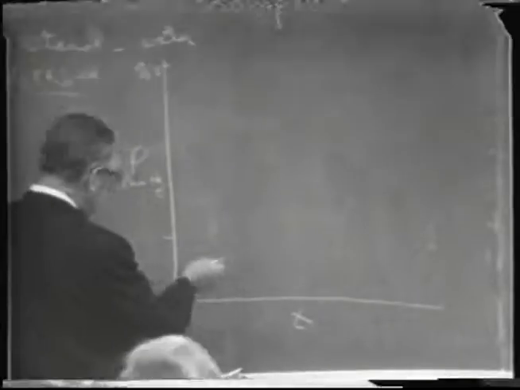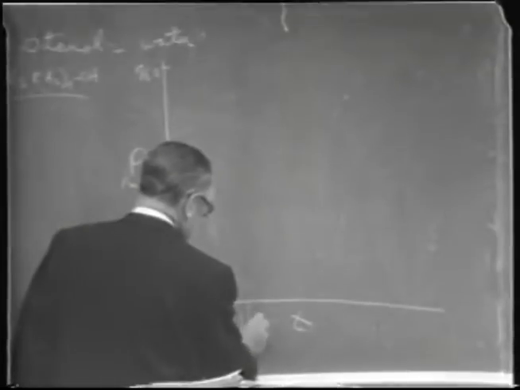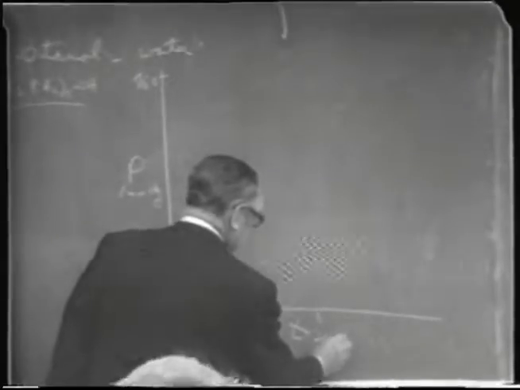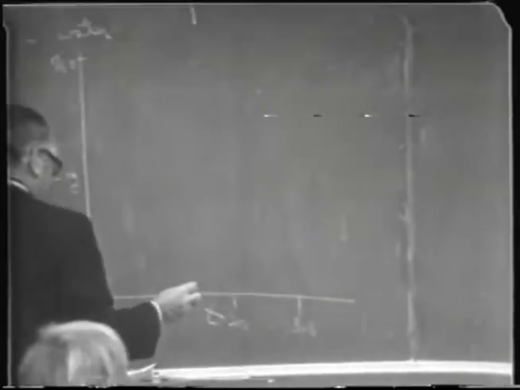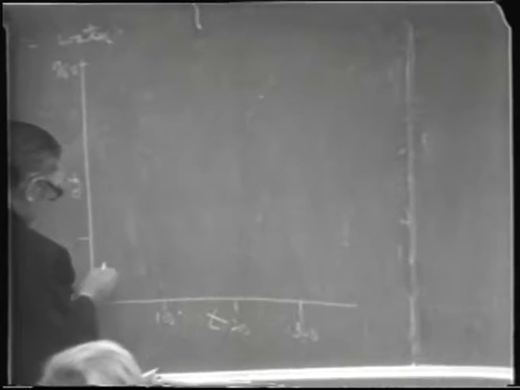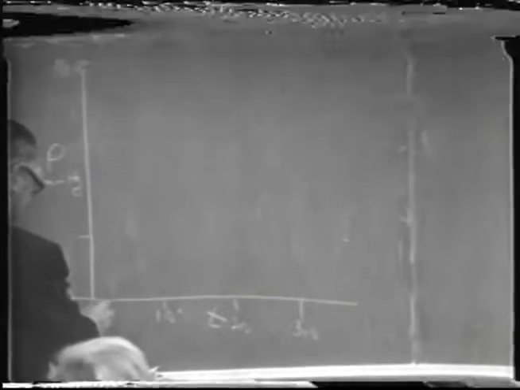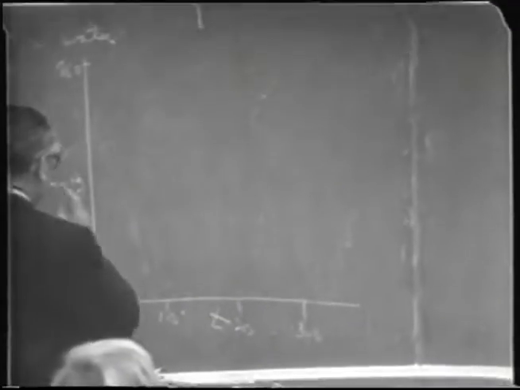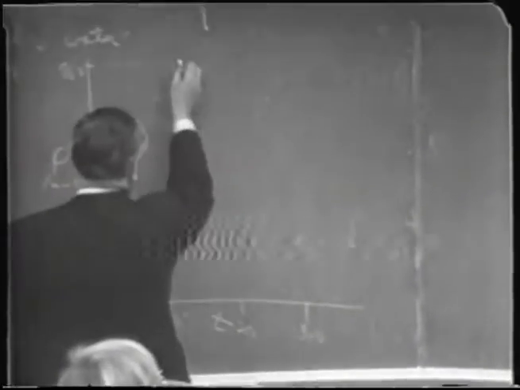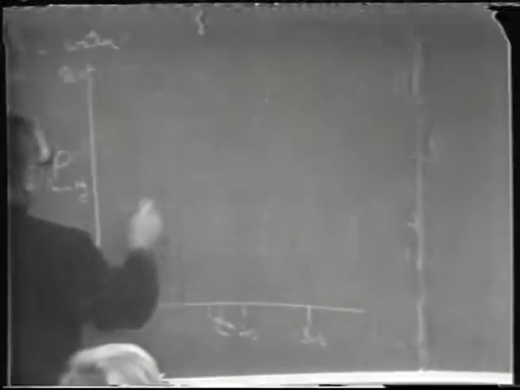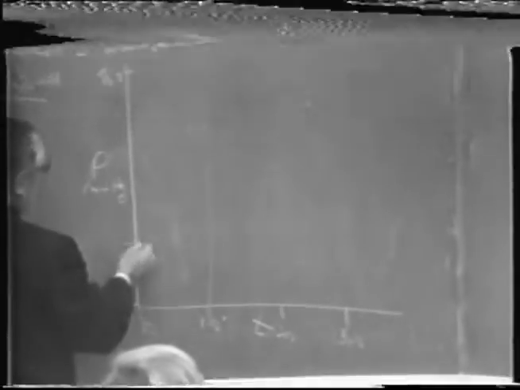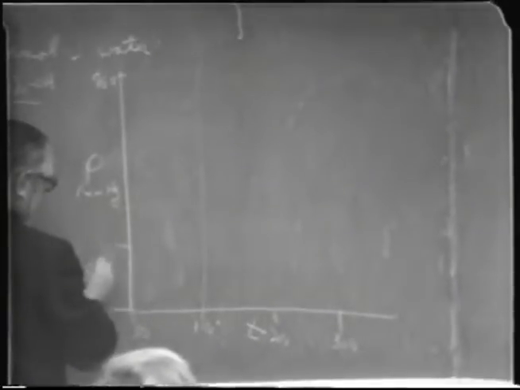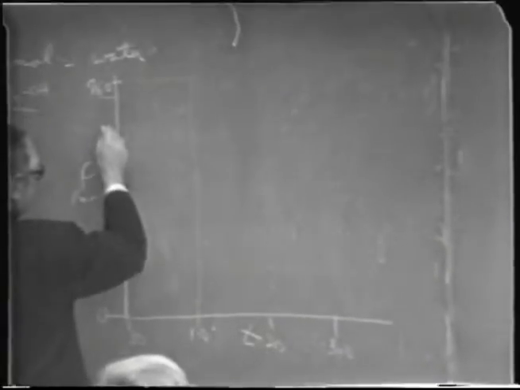But anyway, let's say this might be 100 degrees centigrade, 200 degrees centigrade, 300 degrees centigrade. If you plot the vapor pressure of water, we know that it has to come up to 760 at 100 degrees. And at 50 degrees, I don't know exactly what it'd be. I didn't have the units on here very well. Let's say this is 700, 600.